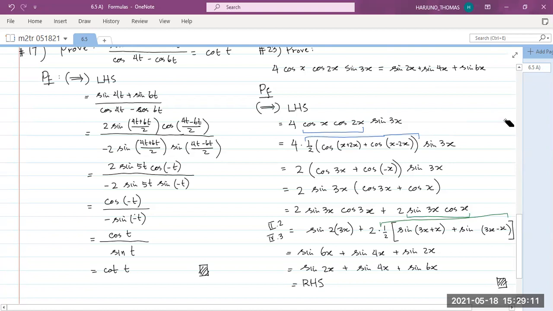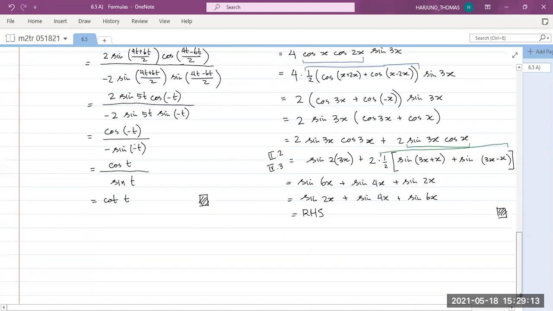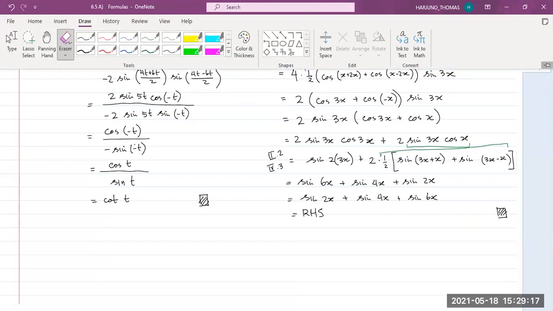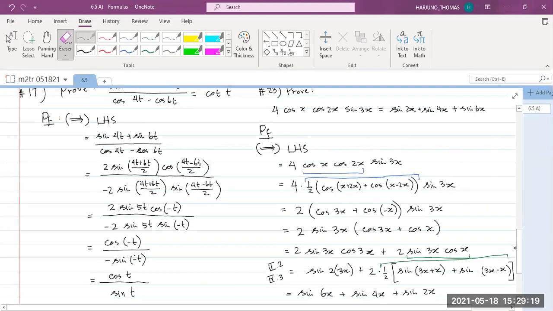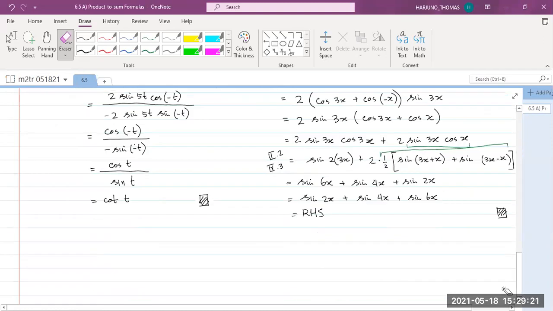Okay, now how about using these formulas to solve equations? Let's say we do number 29, the easy one first. Then we have cosine x equals cosine 3x.